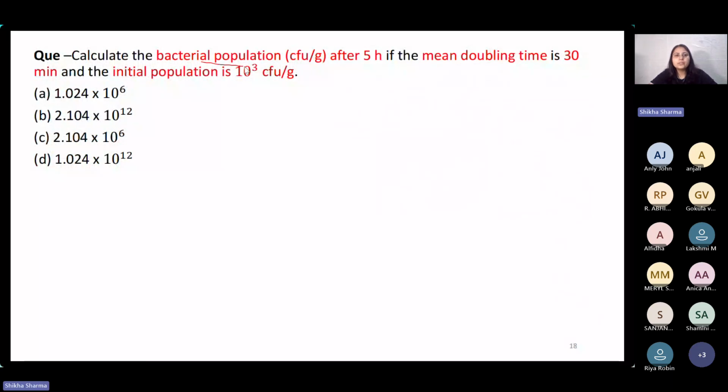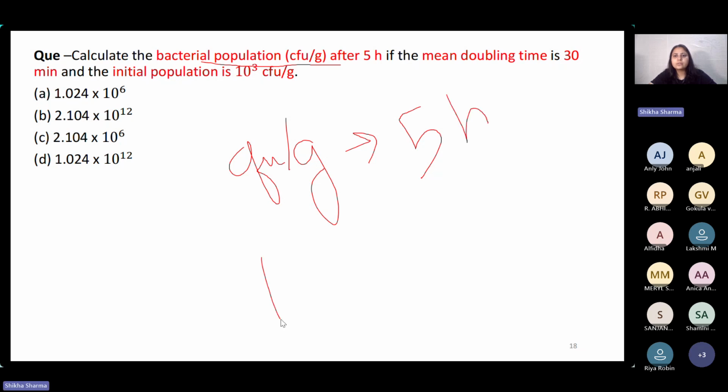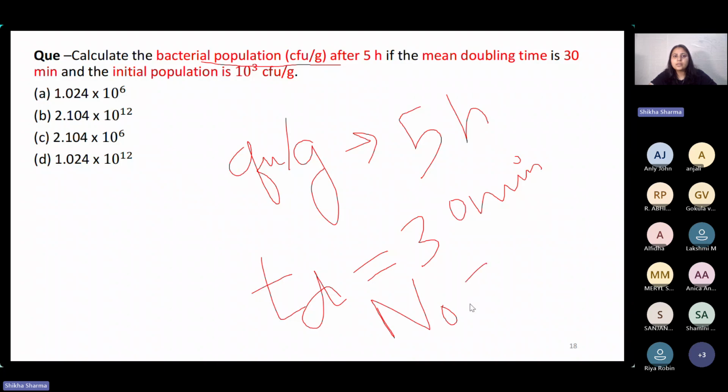Calculate the bacterial population in CFU per gram after 5 hours, where the mean doubling time is given as 30 minutes, and the initial population, N naught, is given as 10 to the power 3 CFU per gram.